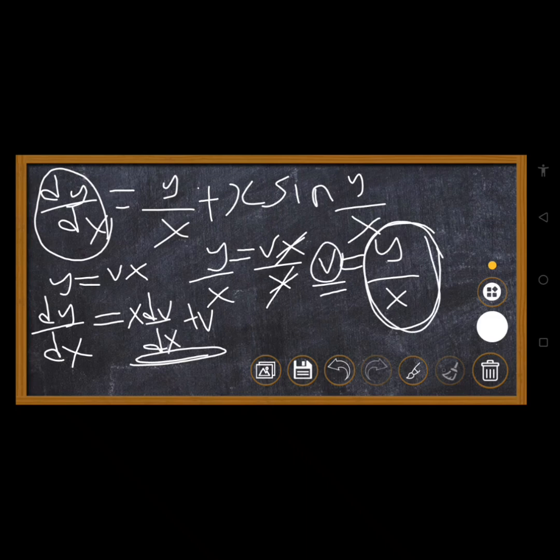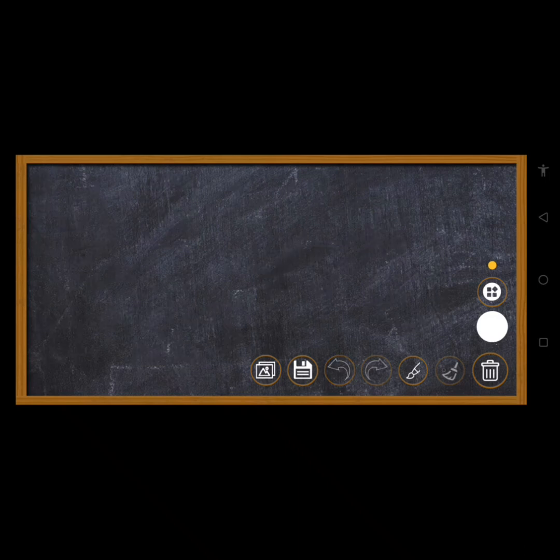So where there is dy over dx, we have x dv over dx plus v equals to, where there is y over x, we have v plus x sine v.